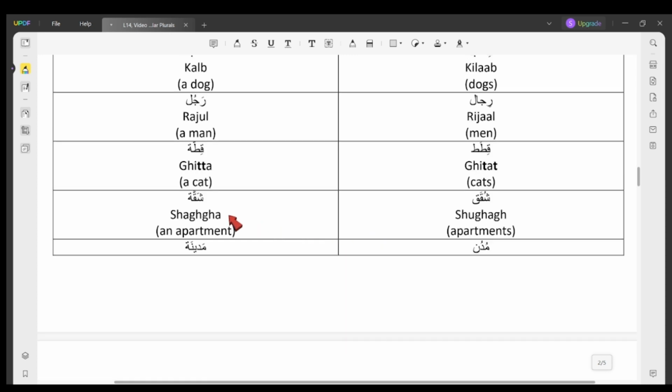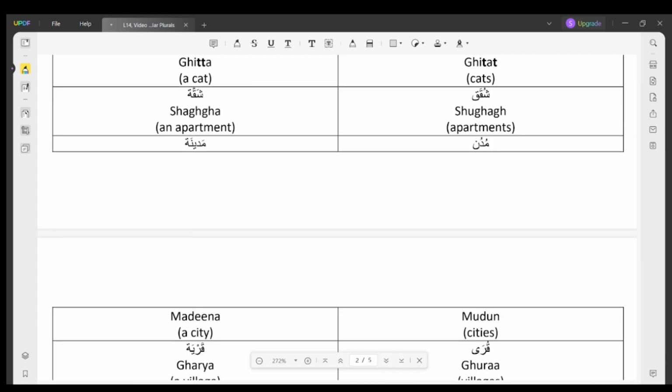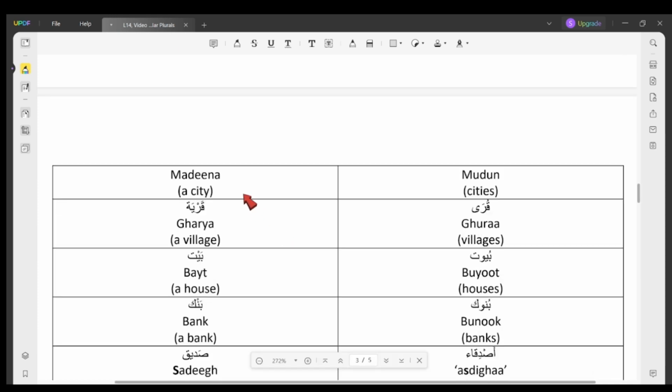Next, شقة, an apartment, plural, شقق, apartments. Next, مدينة, a city, plural, مدن, cities. Next, قرية, a village, plural, قرى, villages.